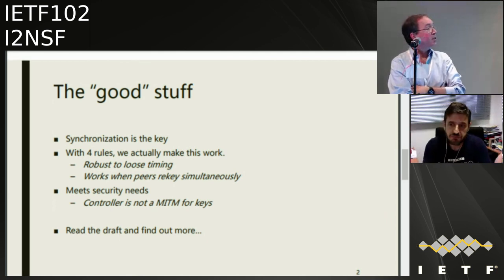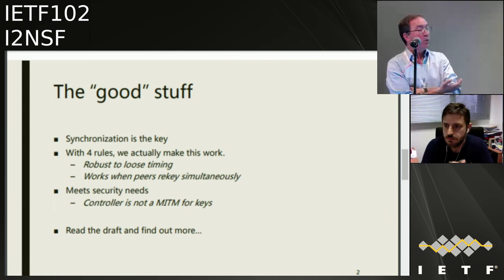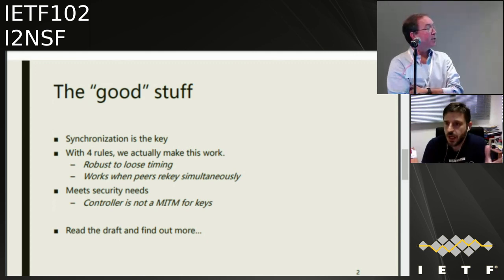Correct. So yes, the SA information would pretty much all of it still be coming from your protocol, but not the keys. We want the keys to be something that only the peers know.